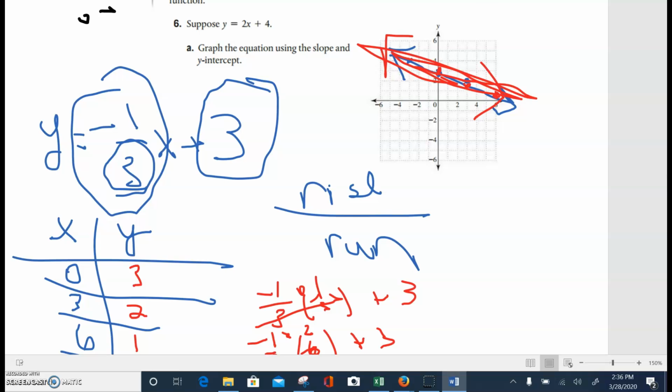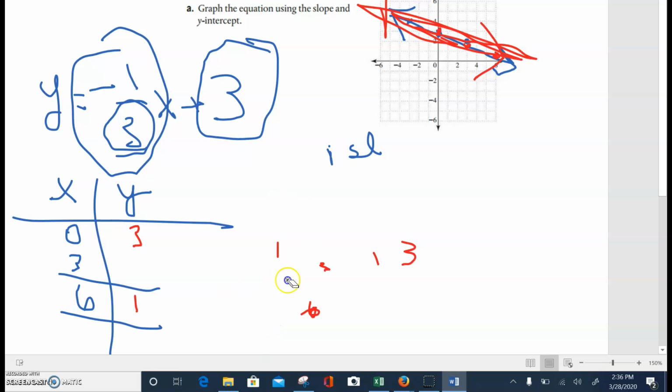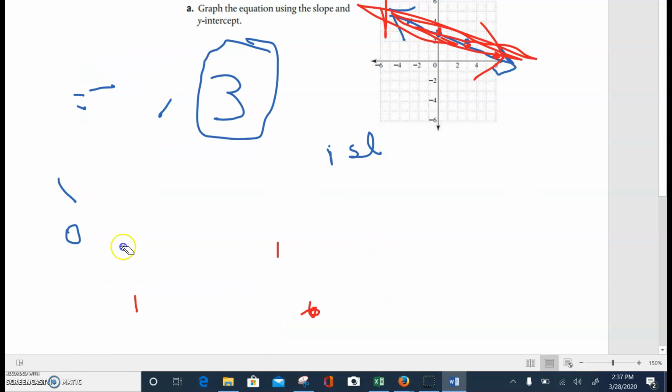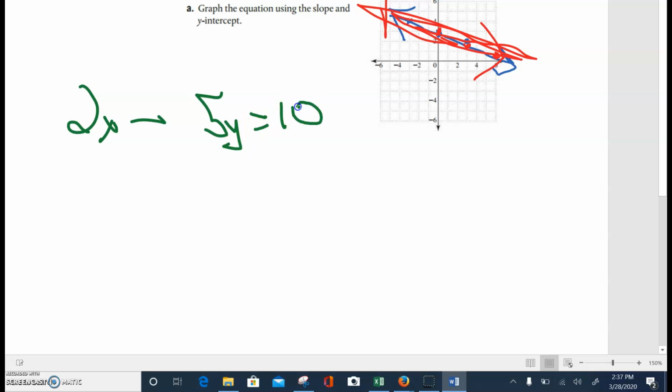Also remember that if you're not given it in the nice form, like if someone gives you the equation in standard form, which is awesome for typesetting and printing but terrible for trying to figure out some math, put it in the other form. So if someone gives you 2x minus 5y equals 10, that is wonderful for typing but terrible for trying to graph.